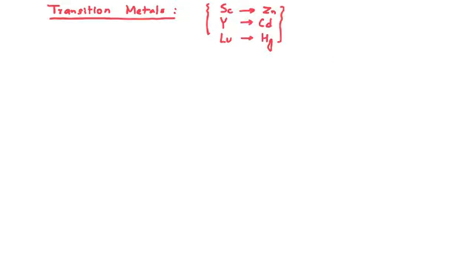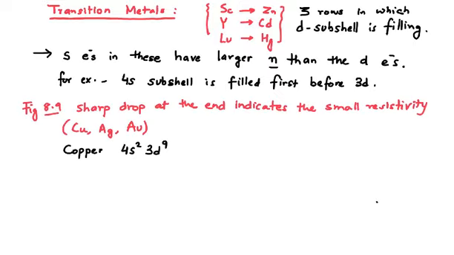Now let's look at transition metals, which are basically 3 rows in which the d subshell is filling. That is scandium to zinc, yttrium to cadmium, and lutetium to mercury.